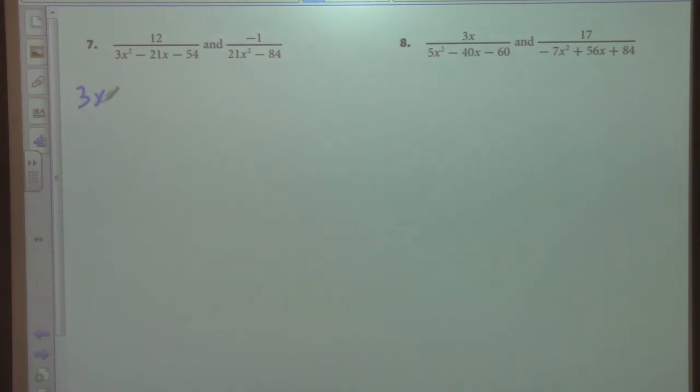We got 3x squared minus 21x minus 54. And we got 21x squared minus 84. All right, let's see who we have here.